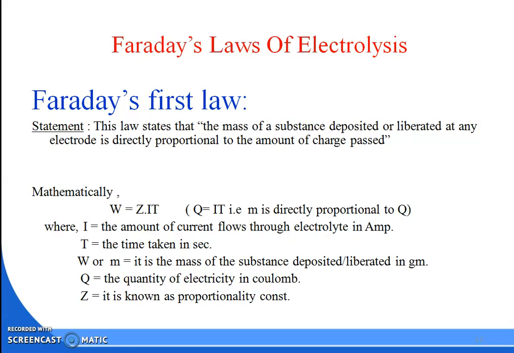Here I is the amount of current flowing through electrolyte in ampere, T is the time taken, the duration in second, and W or M is the mass of the substance deposited or liberated in gram. Q is the quantity of electricity in coulomb, and Z is known as the proportionality constant. So Faraday's first law is W is equal to ZIT.